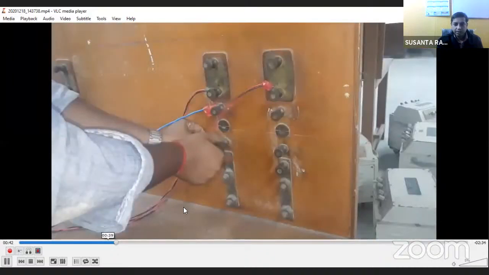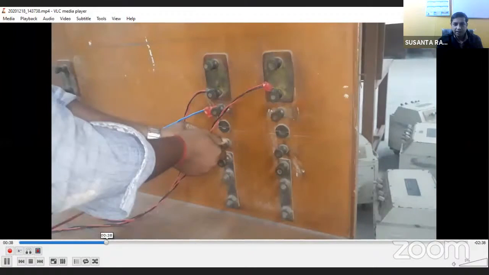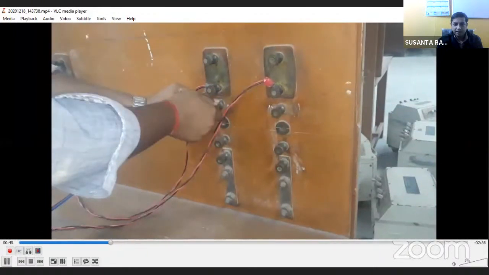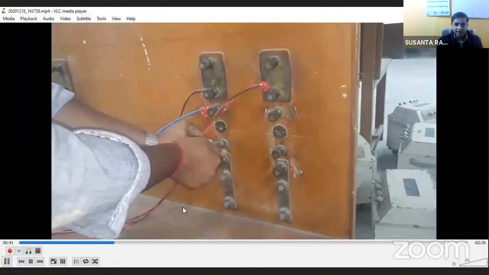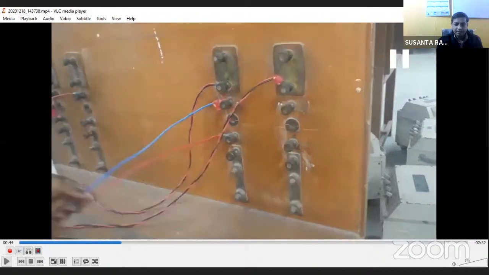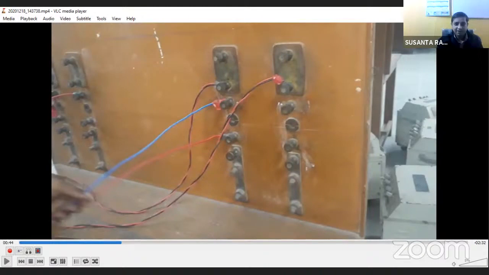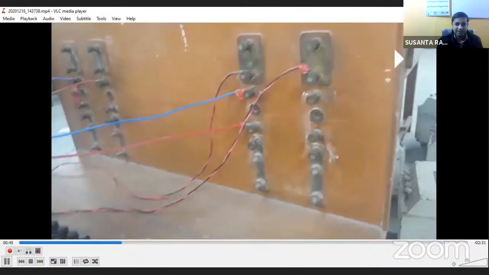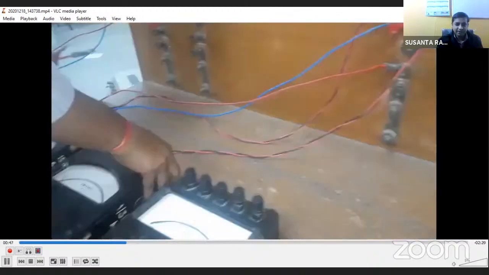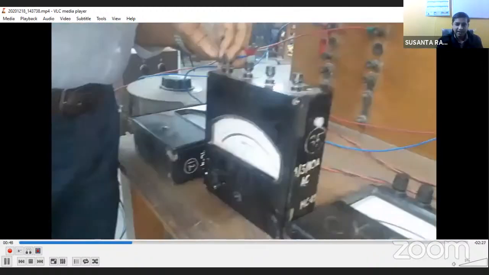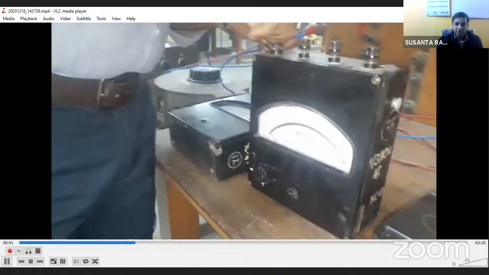Okay. Now you see what we are connecting now. Is this a parallel apparatus or series apparatus? Series apparatus. So that means either ammeter or current coil we are connecting, isn't it? So let's see. You see we are connecting the ammeters by these two wires.